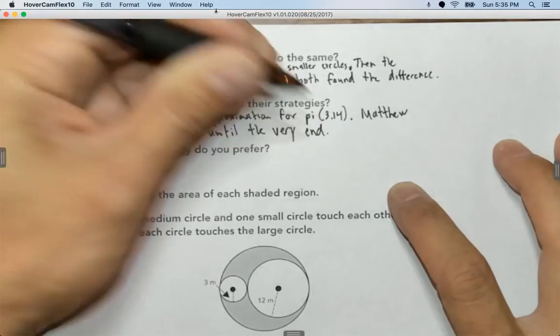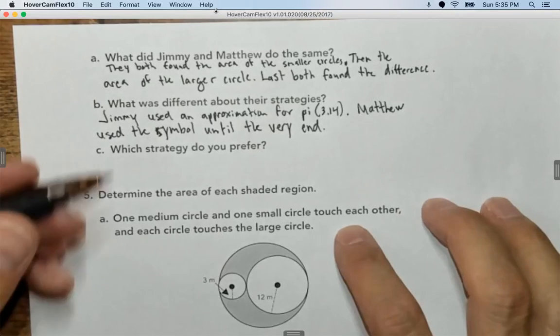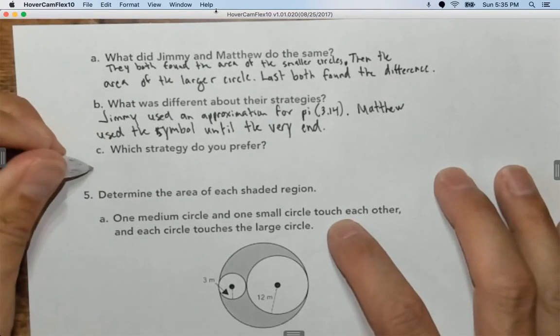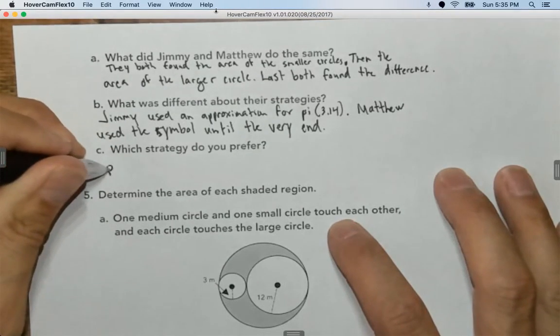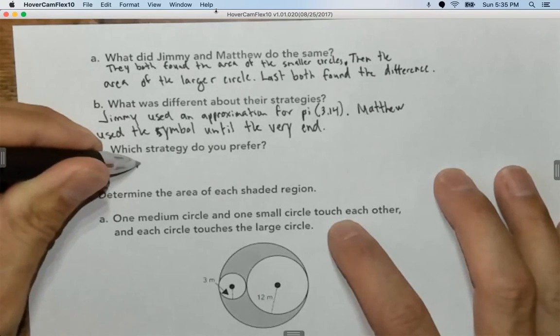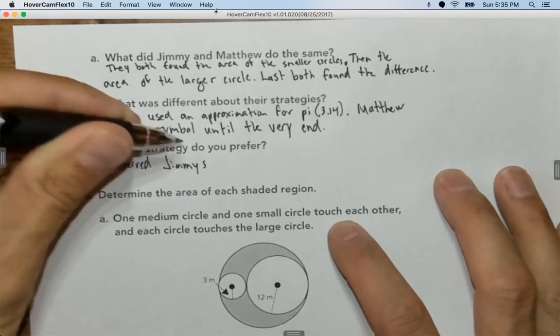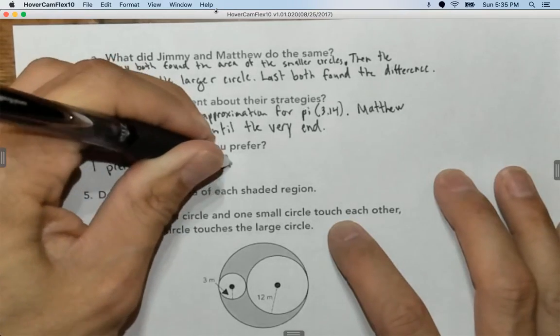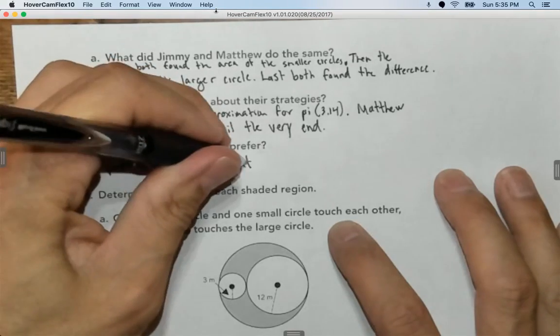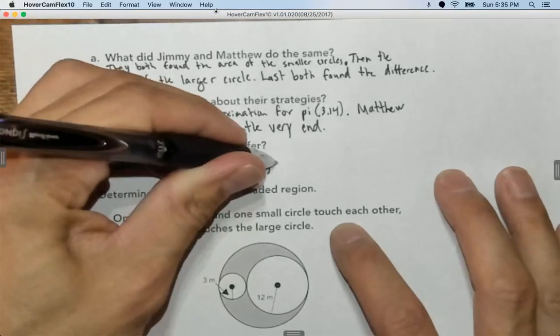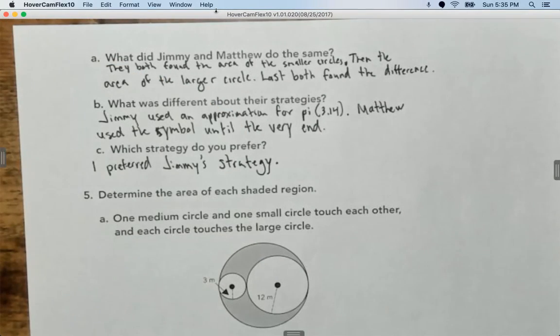Okay. Which strategy do you prefer? For you, it could be anything. I preferred Jimmy's strategy. It doesn't say I had to pick why, but if I were to say why, it's because when I solved it without looking at the next thing down, I ended up using Jimmy's strategy.